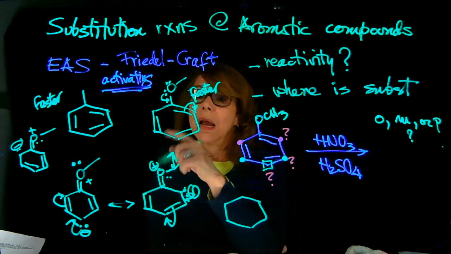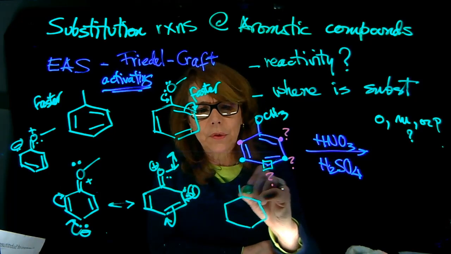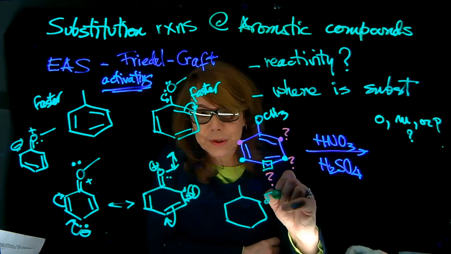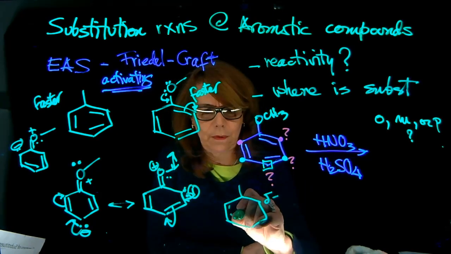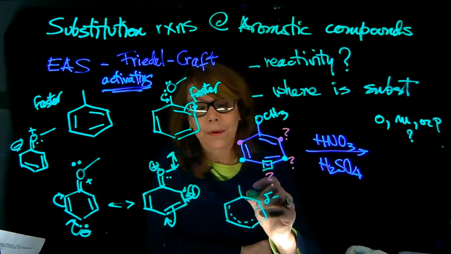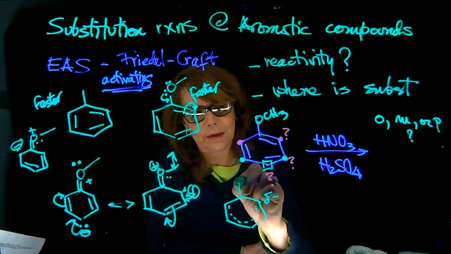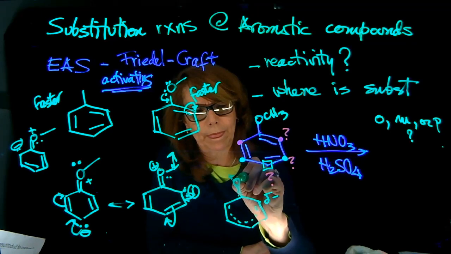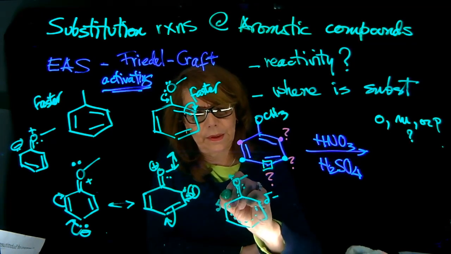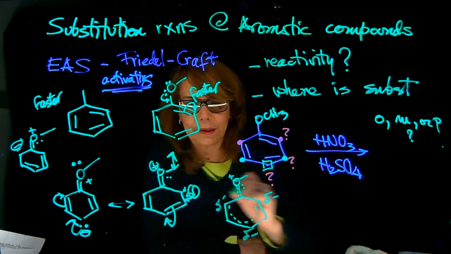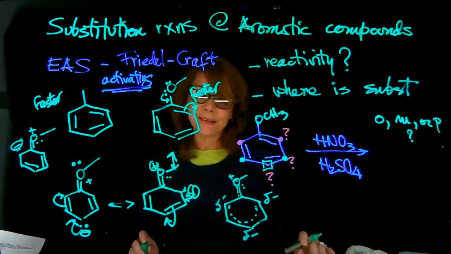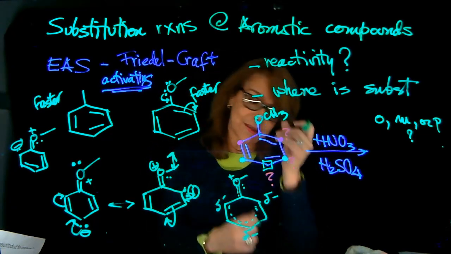So in the hybrid, the ortho position is delta negative, and the para position in the resonance hybrid is delta negative as well. So I have these places that have more electron density.